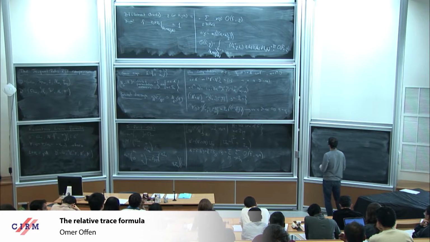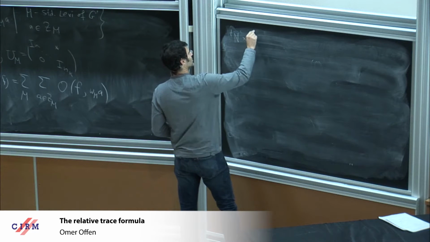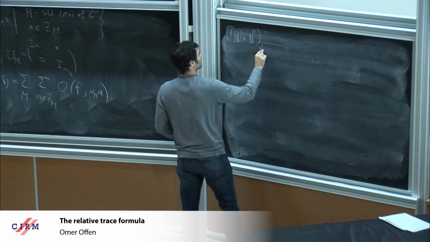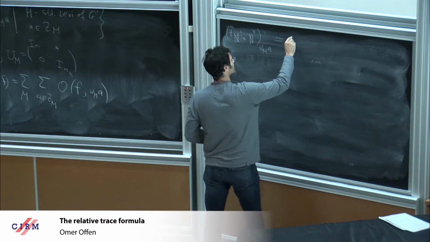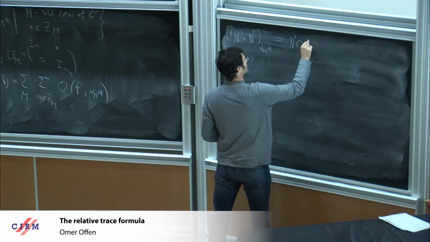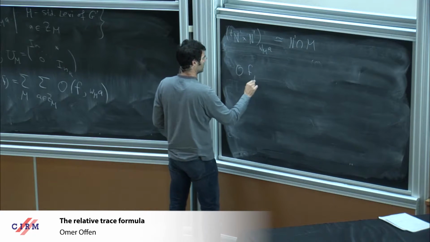Okay, so it's a simple computation to compute that the stabilizer of WMA is essentially N prime intersect M, and then the orbital integral just explicitly looks like this.